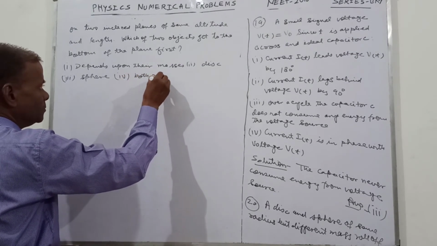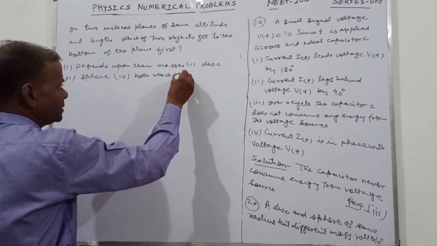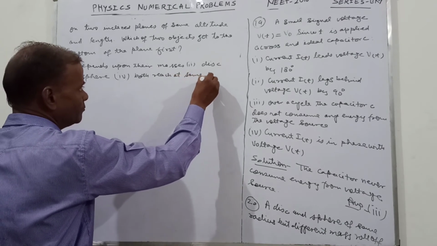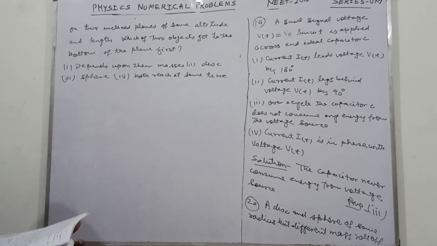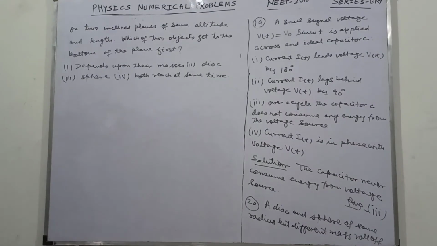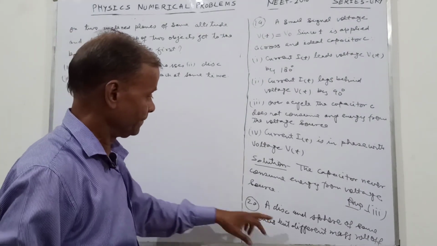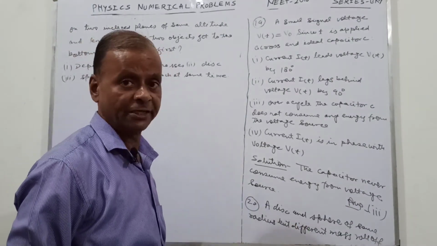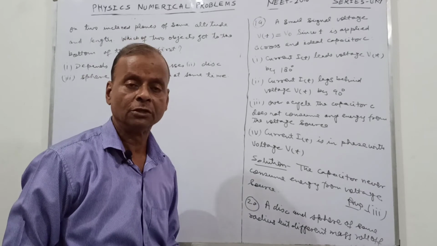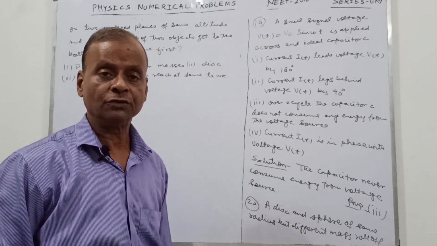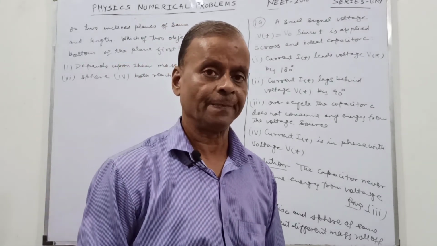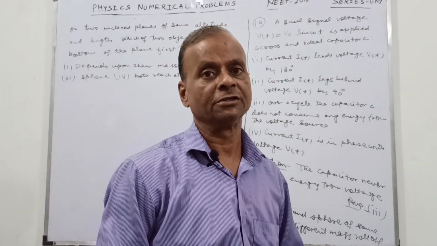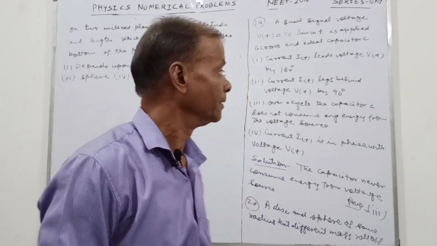Now the question is that if the disk and the sphere of same radius and different masses are allowed to roll on the two inclined planes which have the same altitude and same length, then which of them will reach the ground first?